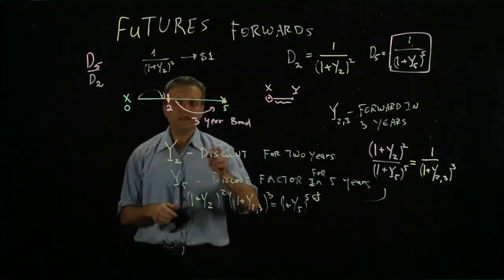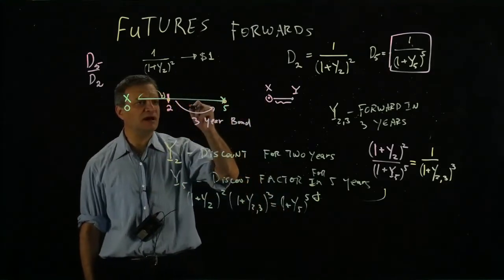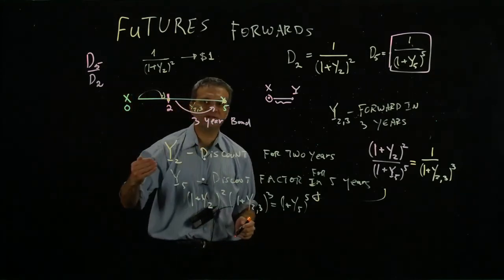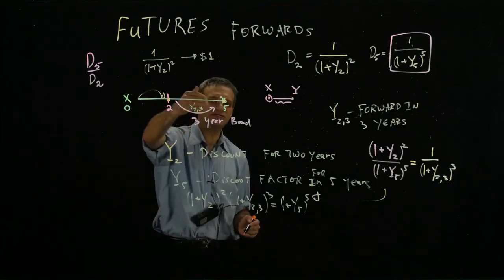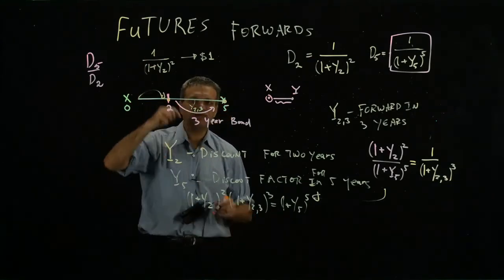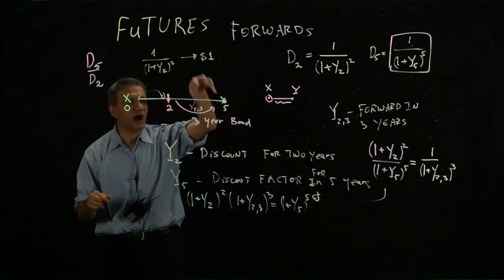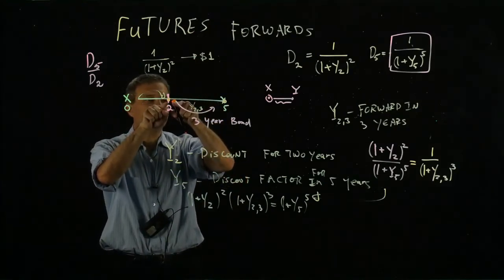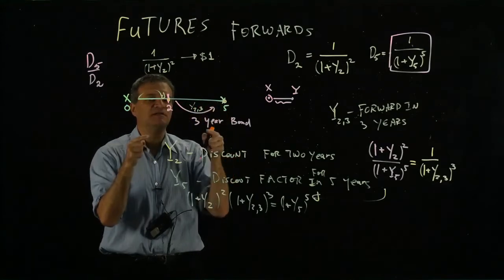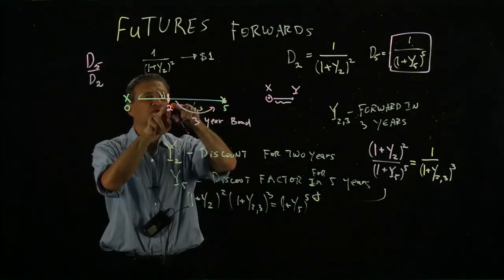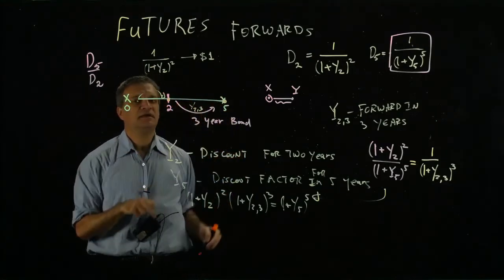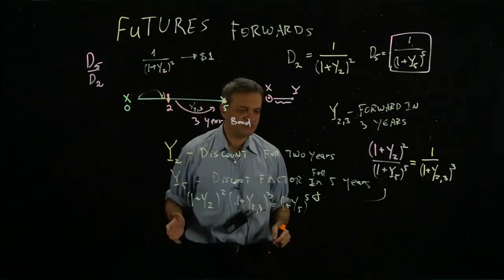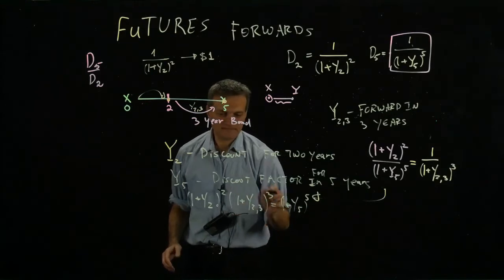So this is basically the discount factor of a zero coupon bond maturing 3 years, but 2 years from now. So if you invest X amount of dollars into this bond 2 years from now, represented by y23, you're going to get $1 in 3 years from 2. So 2 plus 3 is 5, that's what you're getting, okay?